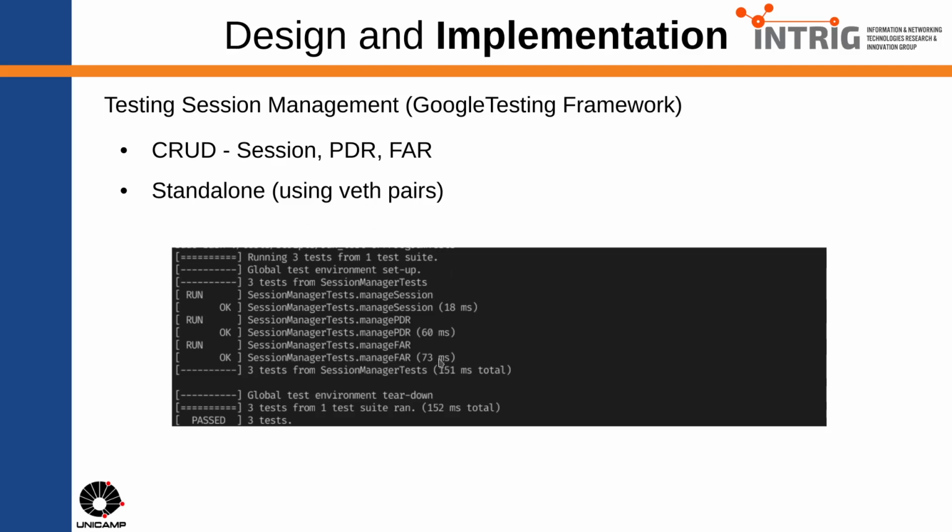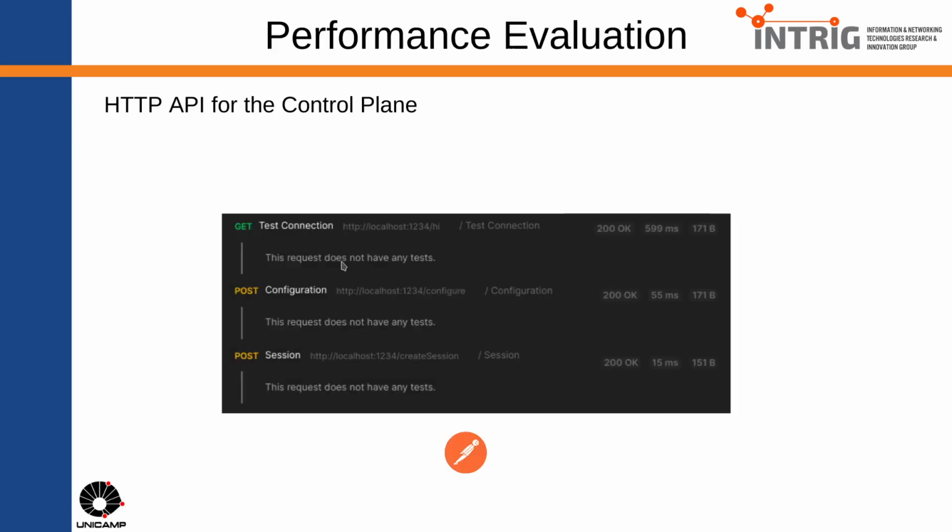Here is the execution for managing the PDRs, managing the FARs, and so on, and managing the session. Here is an execution where we used the API that we developed to execute the test. Basically, there are two APIs: configure, to configure the interface, and create session, to create the PFCP session in the data path.